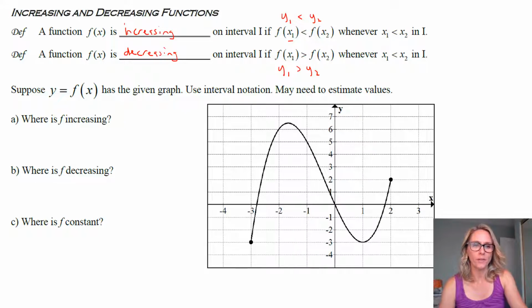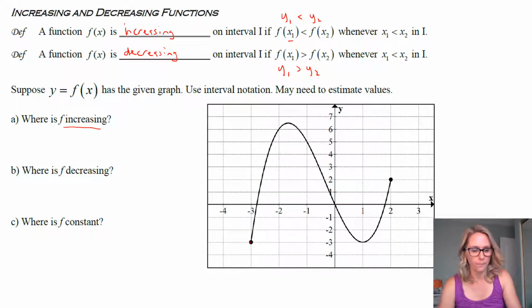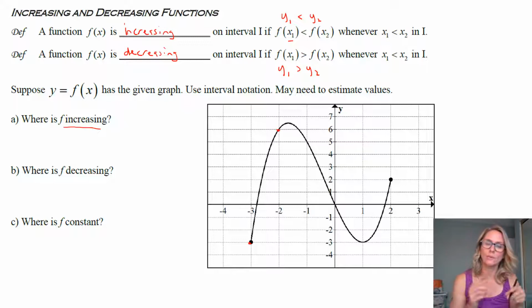Okay, so where is the function increasing? So for example, we notice that we have an x value here. If I move along the function, say, here, just as an example, the function is going up, okay? The function is going up, meaning it's increasing because the y value at -2 is greater than the y value at -3.